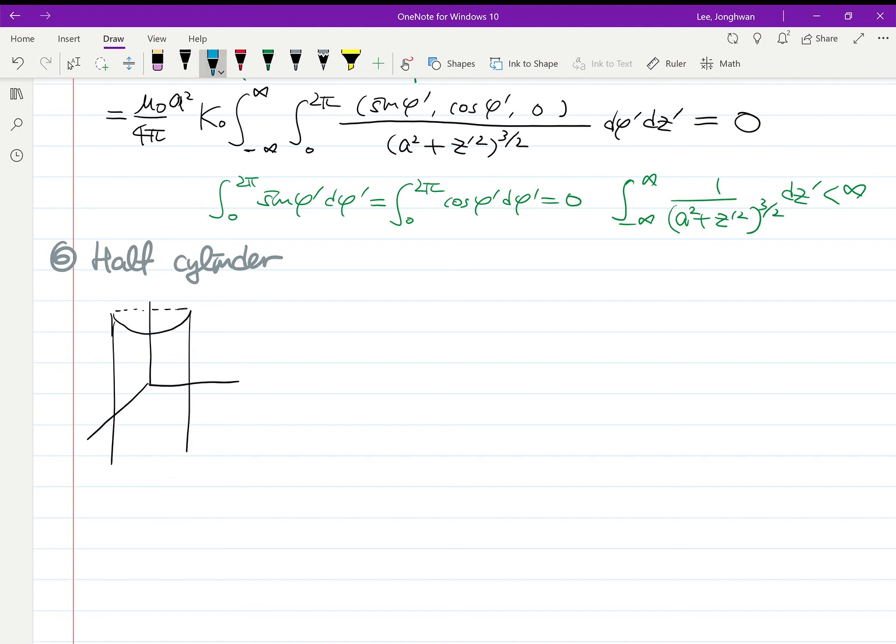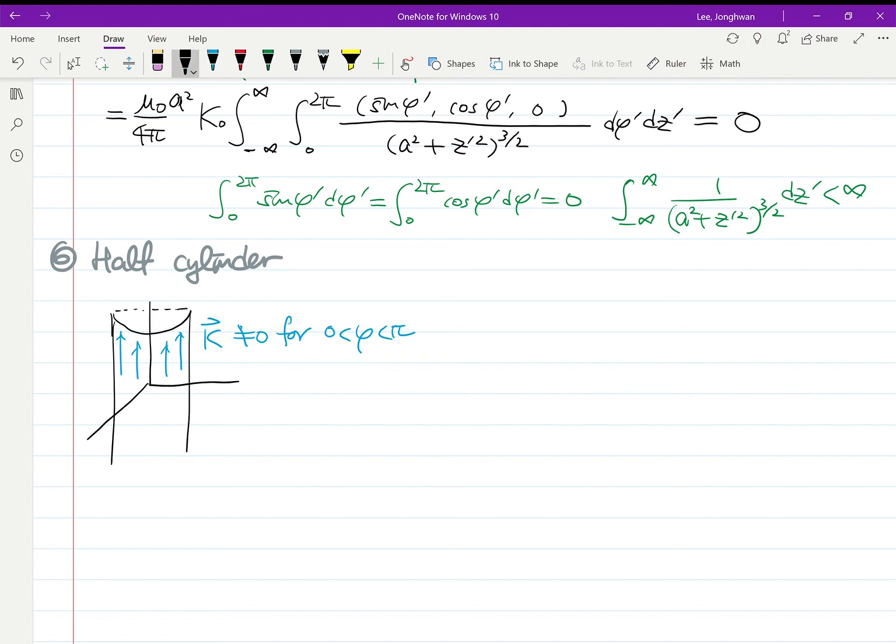So the surface current K is non-zero only for the angle phi from 0 to pi.